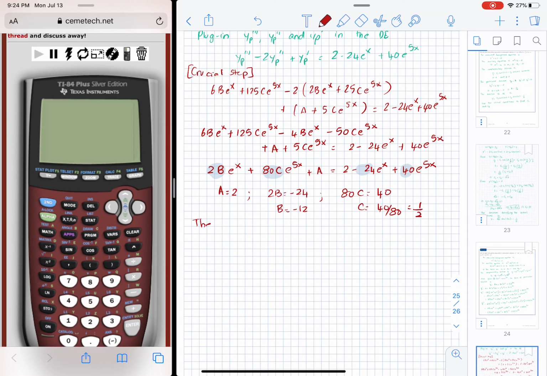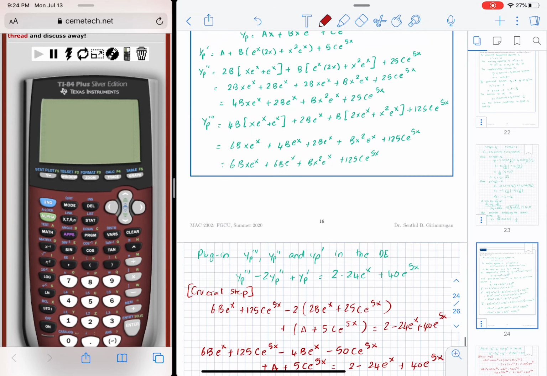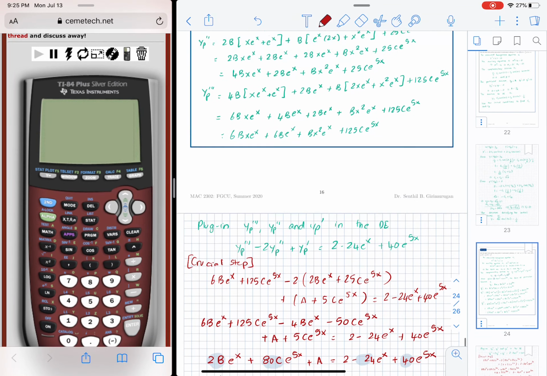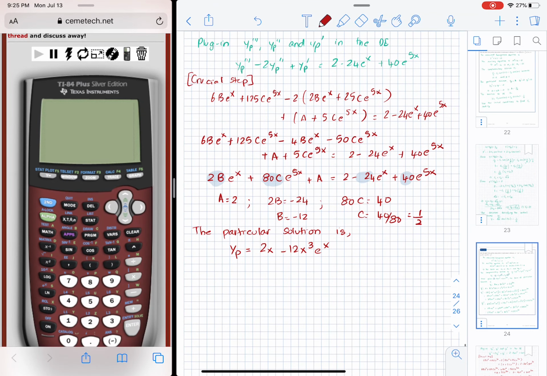So the particular solution is yp equal to a, which in our case is simply 2x minus 12x cubed e^x. Or is it x squared? It's x squared, I'm sorry. Plus 1/2 e^(5x).